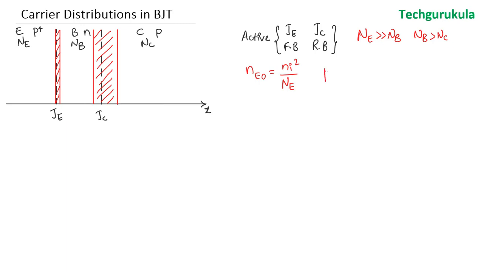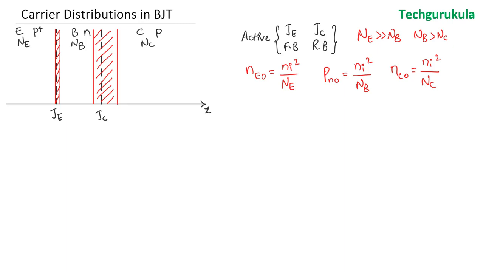And minority carrier concentration, which is hole concentration in the base, which is Pn naught, is given by Ni square over Nb. And electron concentration in the collector under equilibrium is Ni square over Nc. Now, having known the doping concentration in emitter, base, and collector, we can say that Ne naught would be smaller than Pn naught, and Pn naught would be smaller than Nc naught.